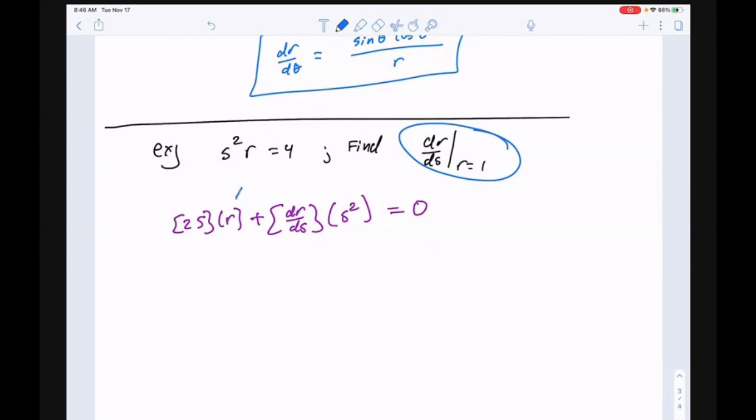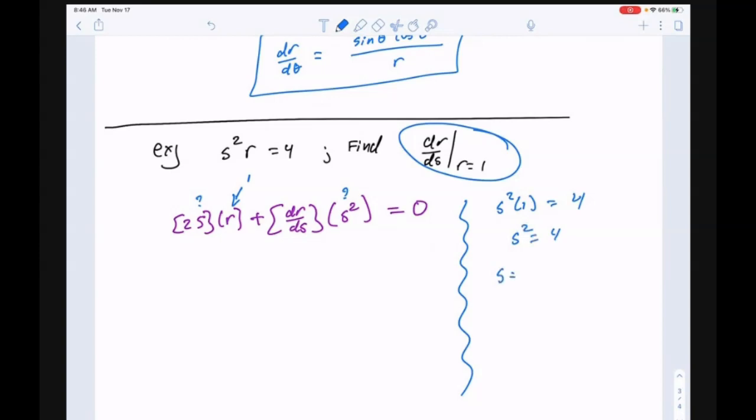Yeah, so that's 1, but wait a minute, we're missing this s. So wait, don't we have to find the s first in the original equation? Yeah, so we have to plug 1 into the original for r, and that gives me s squared times r, or s squared, equals 4.